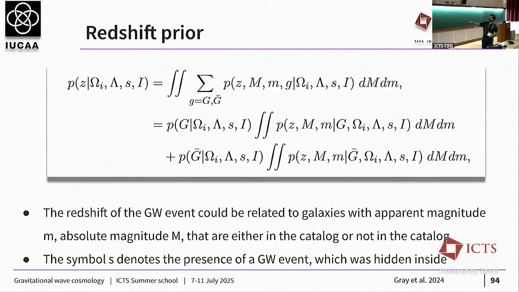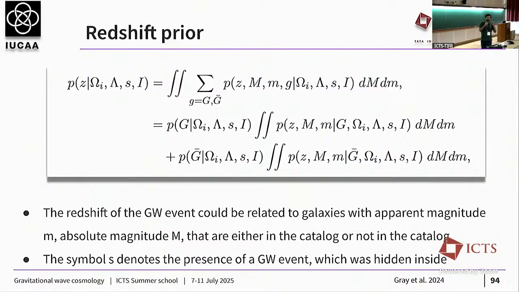So how can you estimate the prior probability in a particular area of the sky to see an event? Within that area of the sky, you may have certain galaxies that you have seen, say in a galaxy catalog. Maybe one of these galaxies can act as the host of your gravitational wave event. That is a possibility. Or there may be galaxies which are below your threshold, below your detectability in the electromagnetic domain, just because your telescope was not sensitive when you made that survey. So you will always lose out some galaxies.